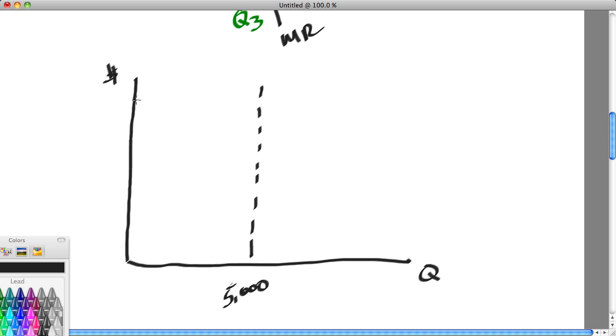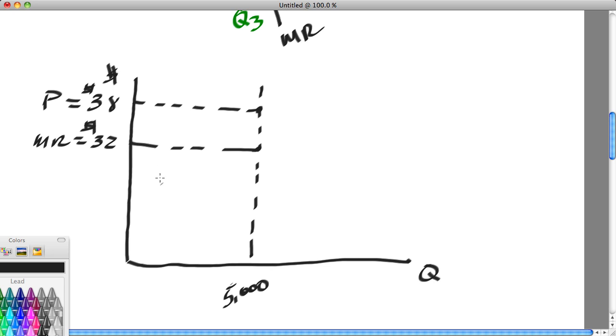For instance, let's say the price of this product is 38. Why? Because that's what it is. Let's say that the marginal revenue on the 5,000th unit is 32. Given.